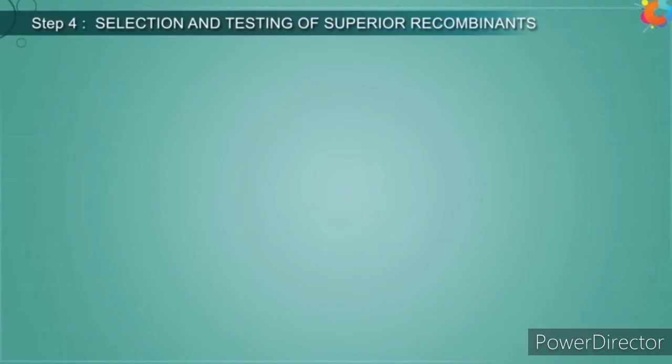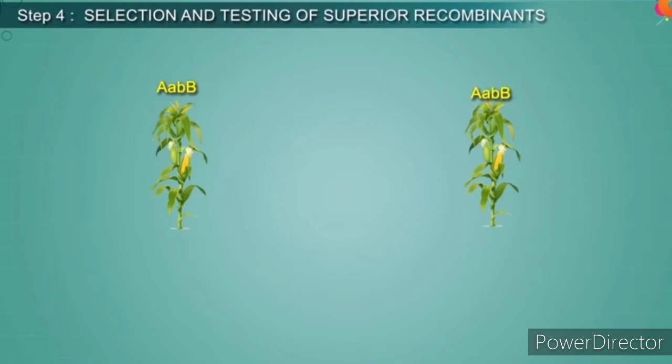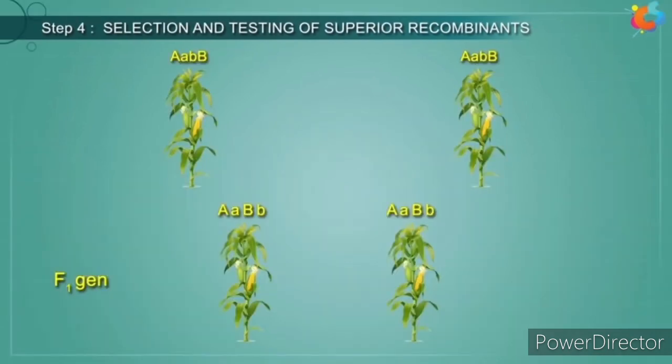Next point is the selection and testing of superior recombinants. This step consists of selecting, among the progeny of the hybrids, those plants that have the desired character combination. The selection process is crucial to the success of the breeding objectives and requires careful and scientific evaluation of the progeny.